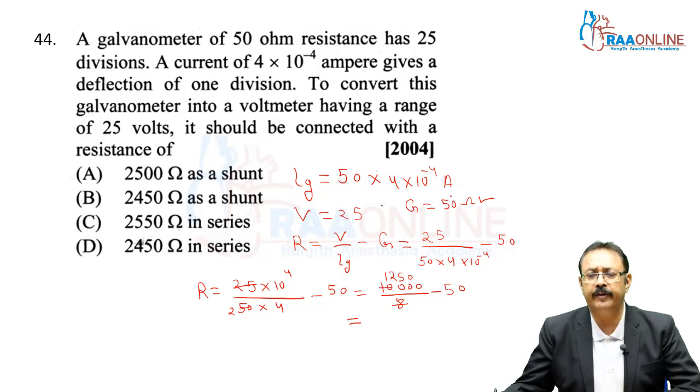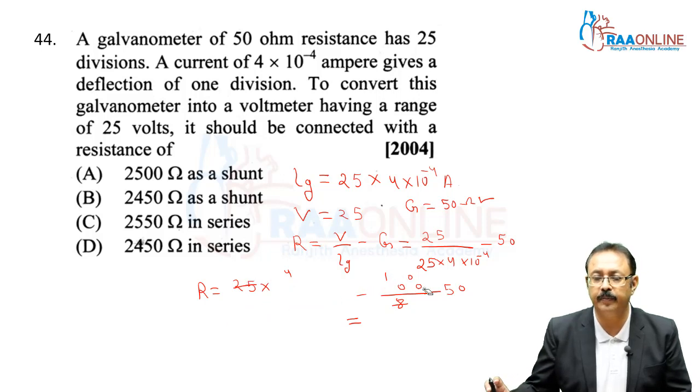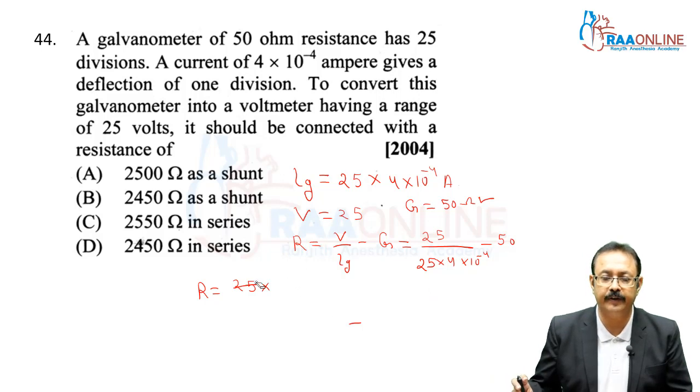It has 25 divisions, not 50. So current we need for full scale deflection is 25 into 4, not 50. It is 25, it is not 50. So it should be 25. So cancel this 25 with 25.